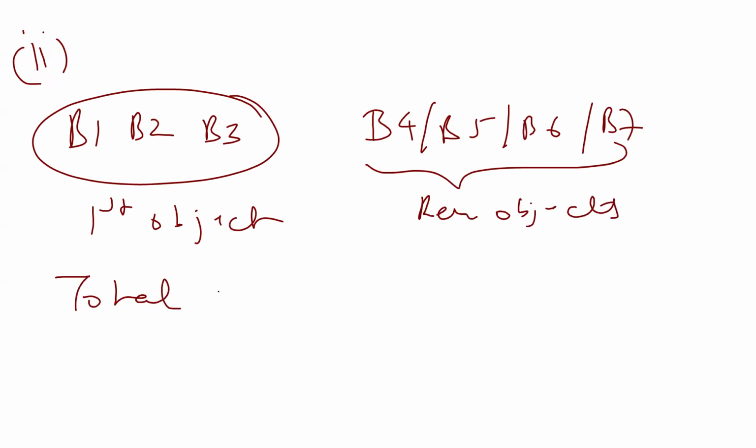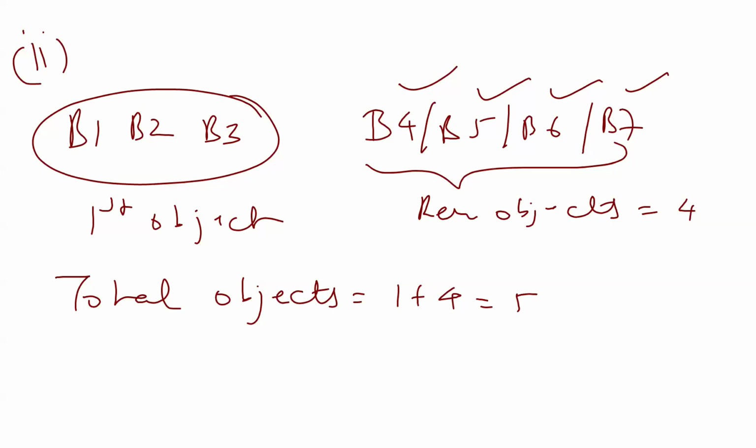Total objects: 1 plus 4, which is 5 objects. So 5 objects require 5 places to arrange. Total places r is equal to 5.